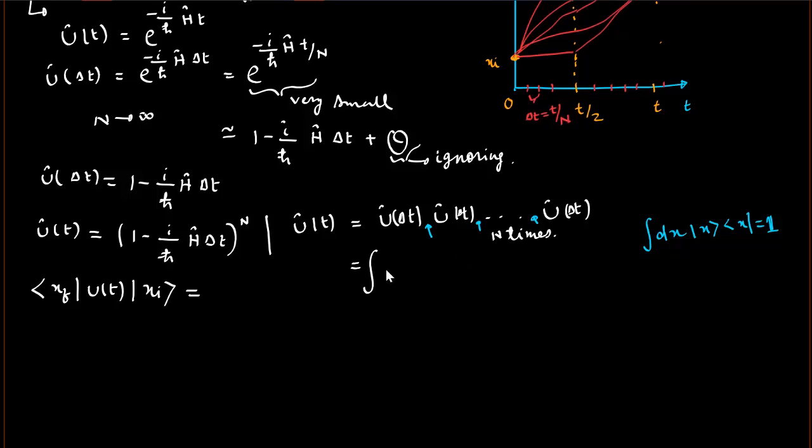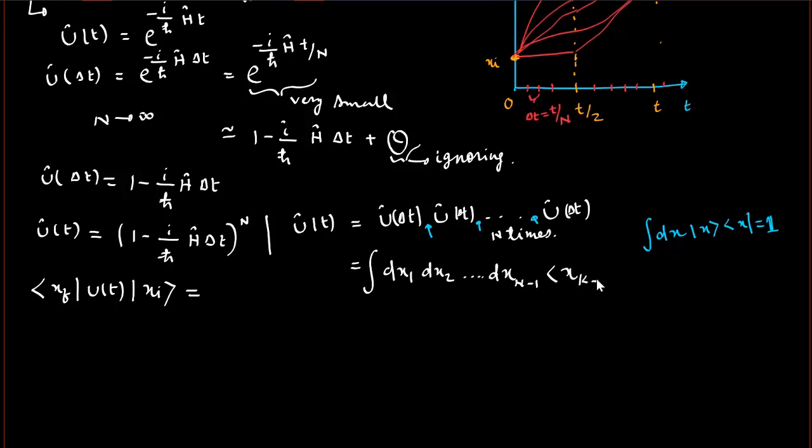So if we introduce it in this part, we will get first x1, for the next term we will get x2, and so on, and for this term we will get x_{n-1}.